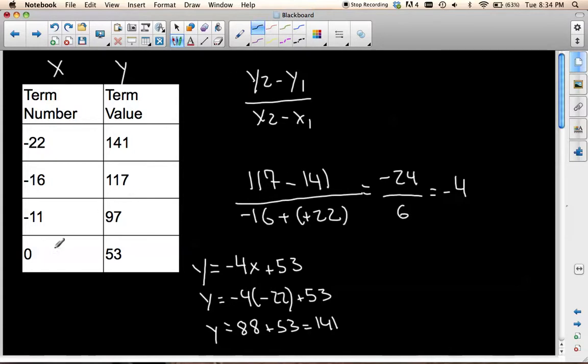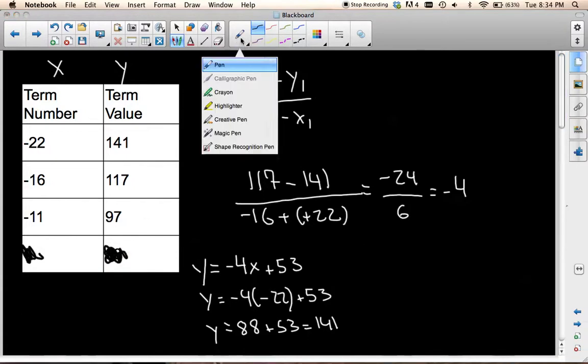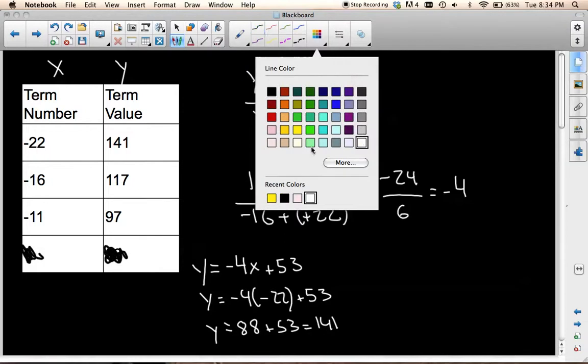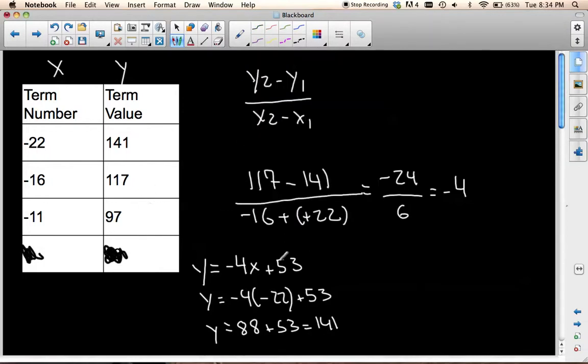Now let's say, for the sake of argument, that they didn't tell us what was going on at 0. We had no idea that there was a value at 0. All we were able to figure out was negative 4x. So let's use negative 16. Negative 4 times negative 16 gives us 64.